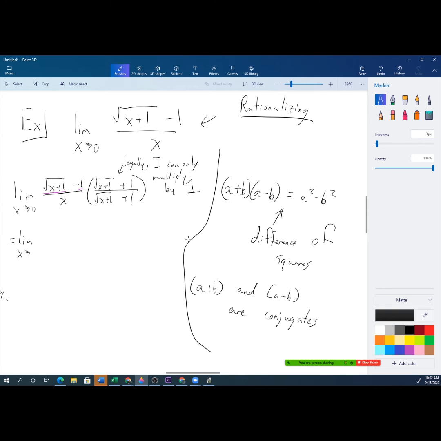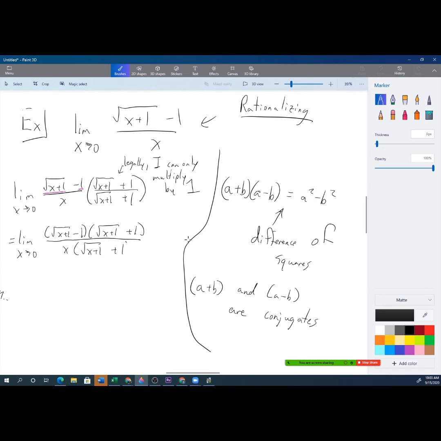Now when I do this, upstairs, I now have this. I'm not multiplying anything together really yet. Downstairs, I have this.